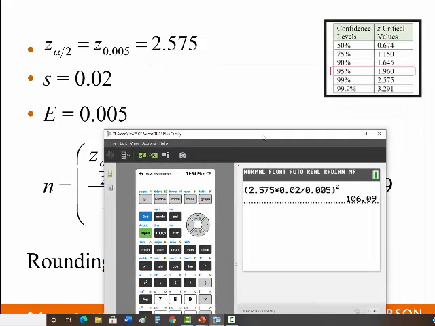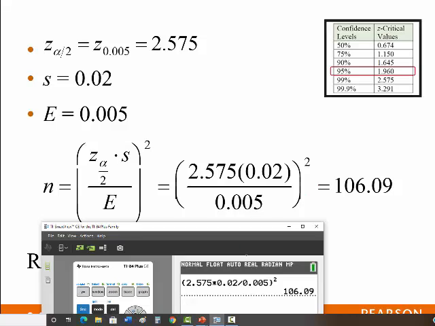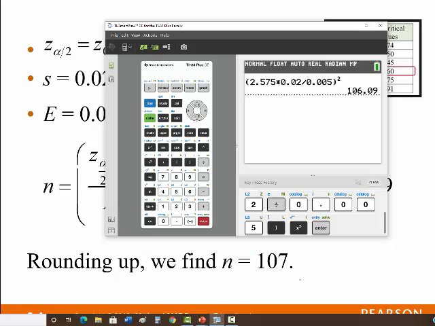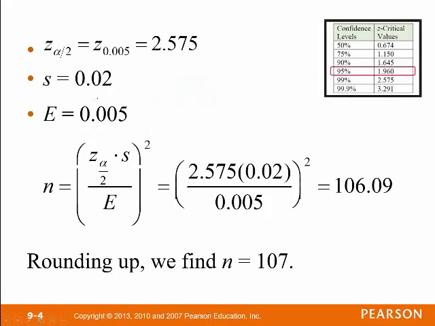You get 106.09, which is what you see right here in the lecture. Rounding this up, you would need a sample size of at least 107 pennies, so that the sample mean you collect from 107 pennies will be within 0.005 grams of the actual weight.